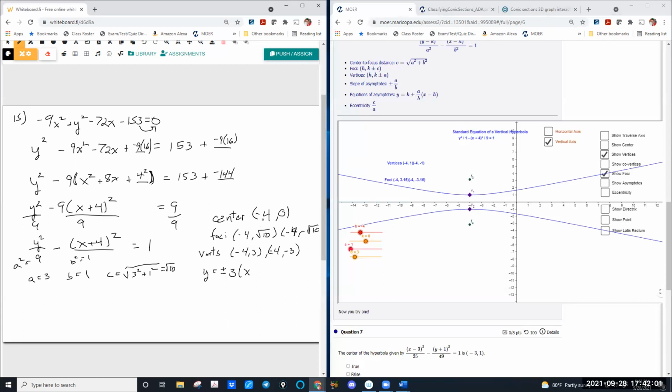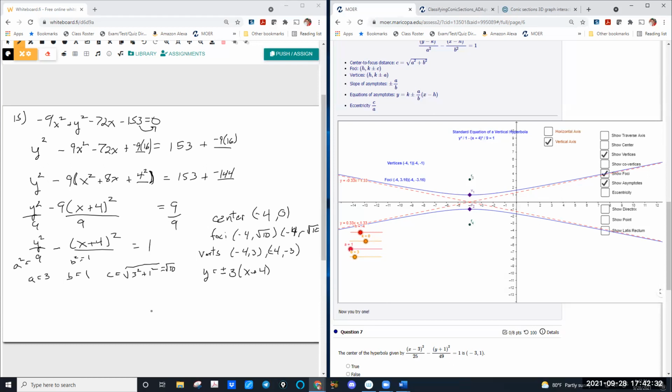Well, our h was a -4, so x plus 4. We can add the asymptotes. That's what the asymptotes do. They give the behavior of our hyperbola. Not the short run, but the long run. So these are what we would call slant asymptotes because they're not horizontal or vertical. And those asymptotes really show the long run behavior of the hyperbola. That's where they tend towards.